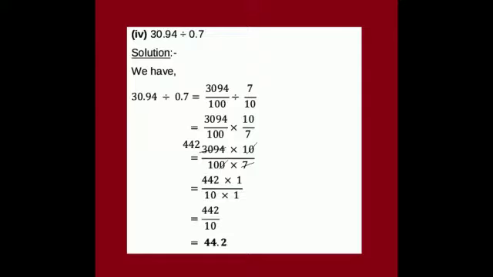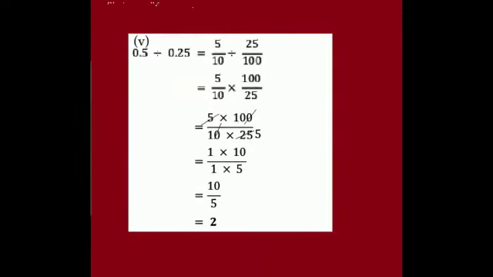So on cross cancellation of 7 and 3094, we got 1 and 442. Also by cross cancellation of 10 and 100, 0 and 0 get cancelled. Now it becomes 442 into 1 divided by 10 into 1, which is equal to 442 by 10, which is equal to 44.2.